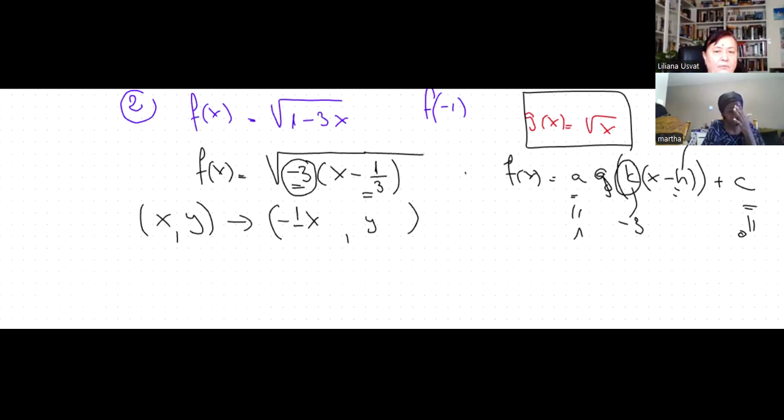And this is a horizontal translation of 1 over 3 units to the right, so you say plus 1 over 3. Why is y not affected? Because a is 1 and c is 0.